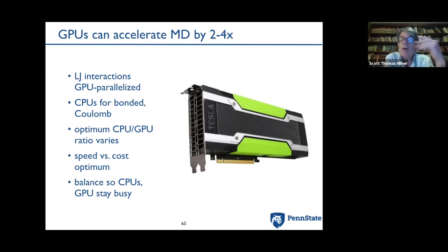If the machine's already bought, then what you really want to do is worry about balancing the CPUs to GPUs so that everybody stays busy. You don't want the CPUs to be waiting on the GPU for its part of the job, and you don't want the GPU to be waiting on the CPU.